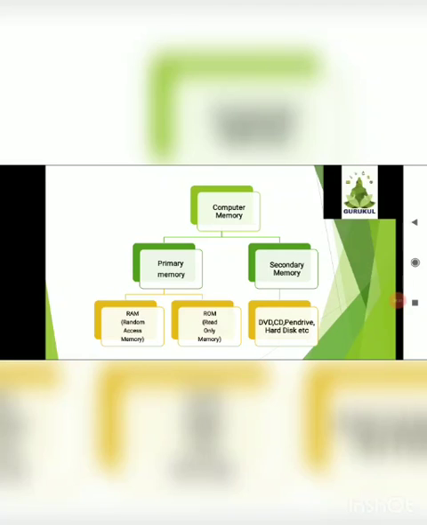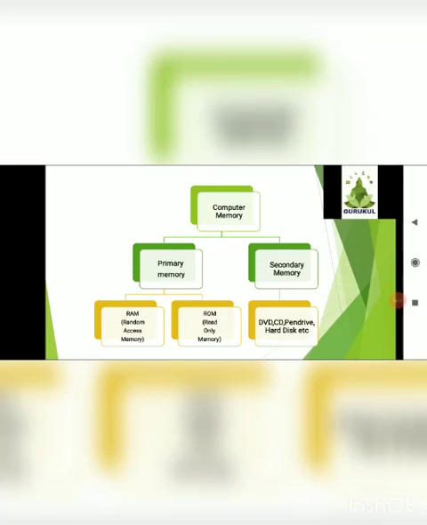So this is known as temporary memory, meaning the data will be erased if the computer system is switched off. But what is the secondary memory? Secondary memory is a place where the data, information or instructions are saved permanently. It means if you switch off the computer system, the data and instructions will not be erased. They will be saved for a long period of time until you delete them.